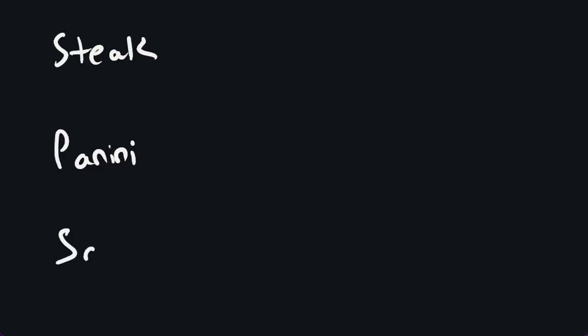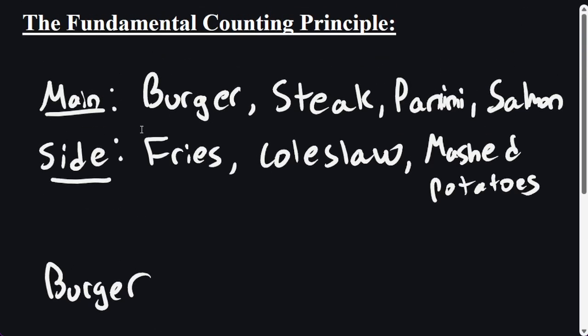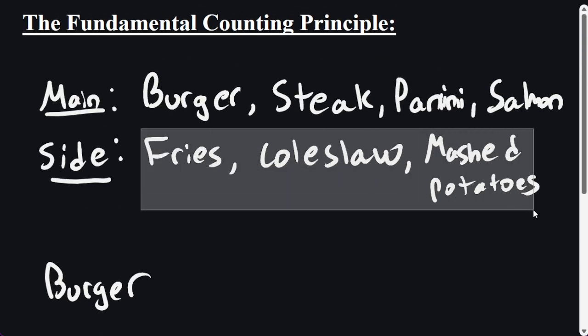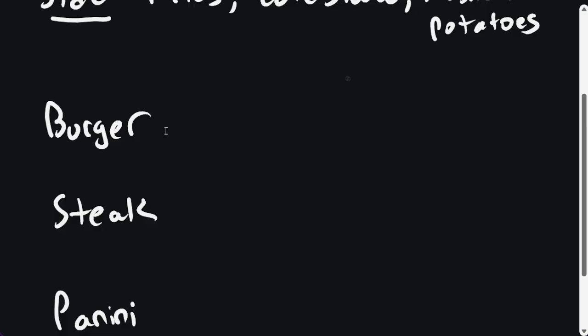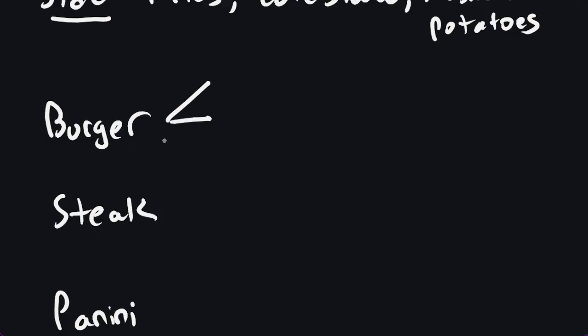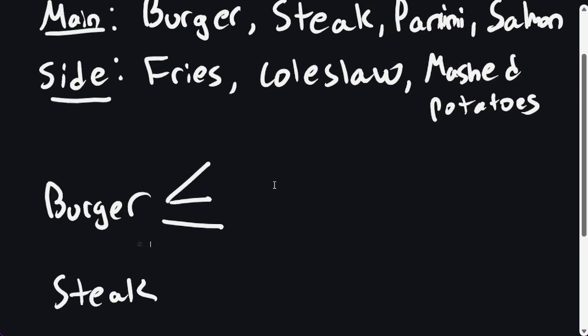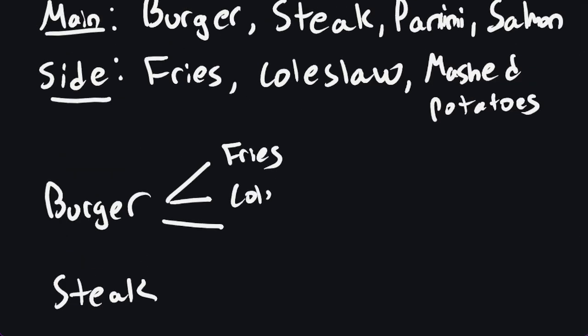And then let's list each of the sides, fries, coleslaw, and mashed potatoes. So with the burger, you have your main course, and then you have one of 3 sides you could get. You could get the fries, coleslaw, or the mashed potatoes.